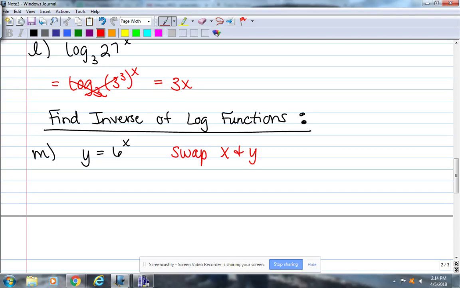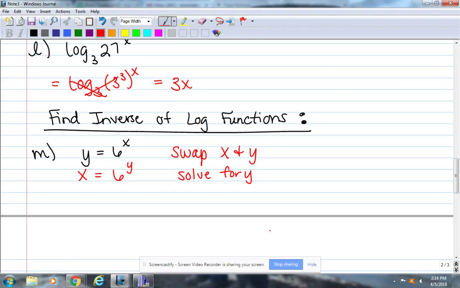So now my equation says x equals 6 to the y power. After we swap our x and y, our last step is to solve it for y.